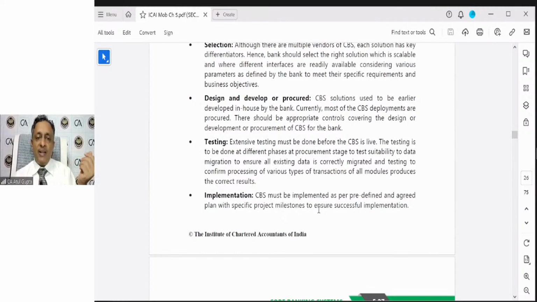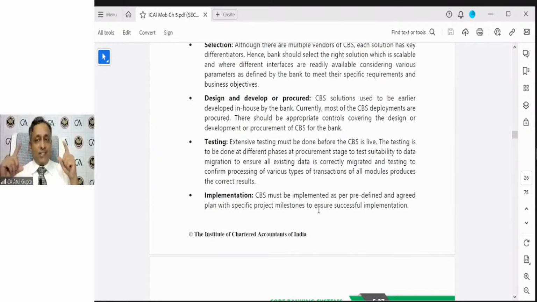The testing is to be done at different phases, at the procurement stage to test suitability, to data migration, because from the existing system you are going to move to core banking. So you need to migrate data and confirm processing of various types of transactions of all modules, procedures, and correct results.